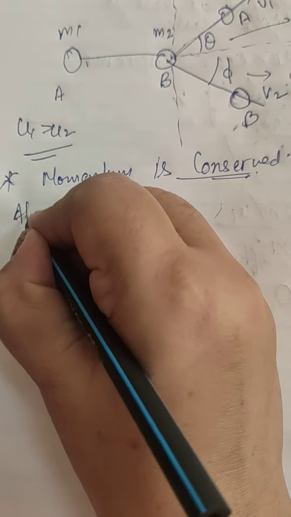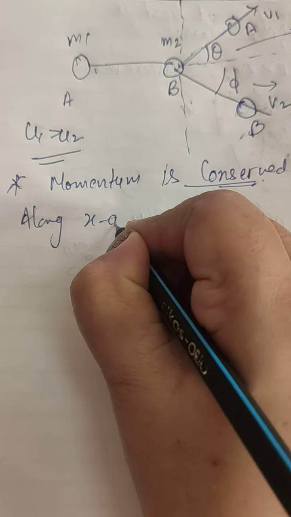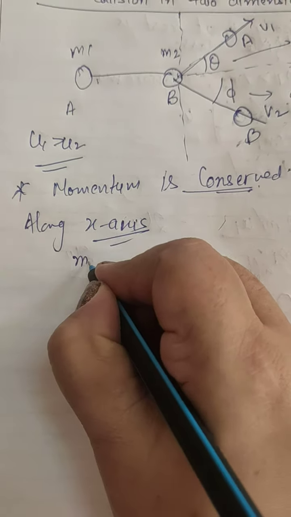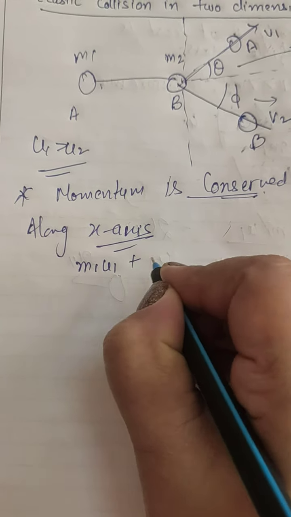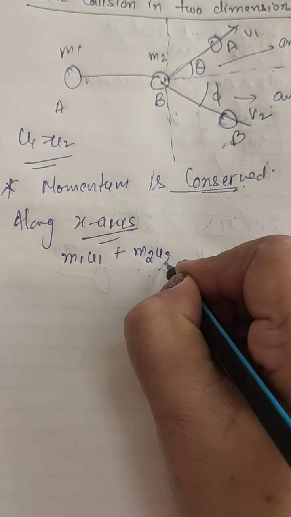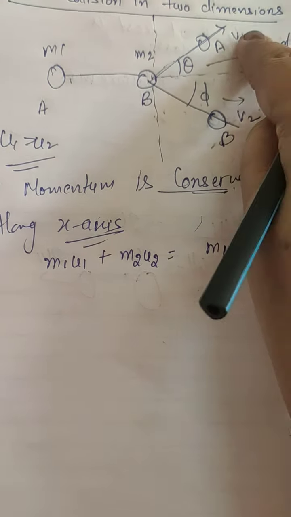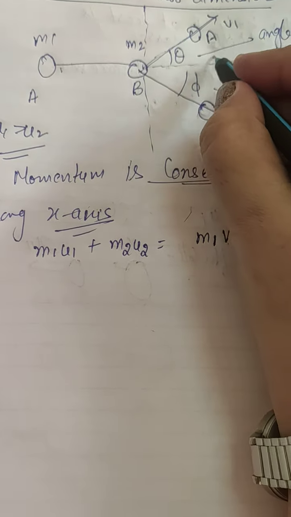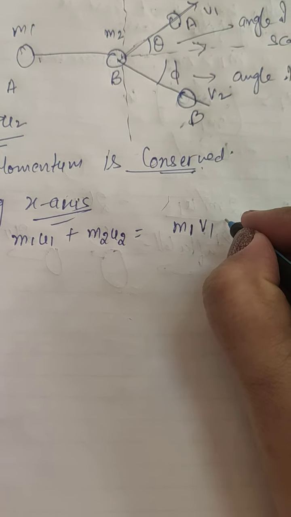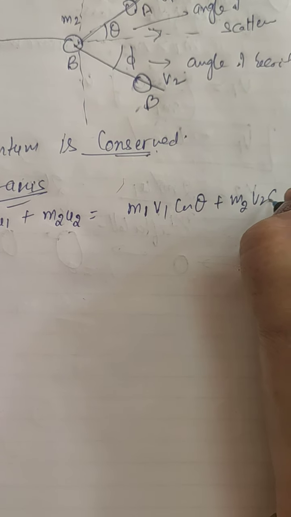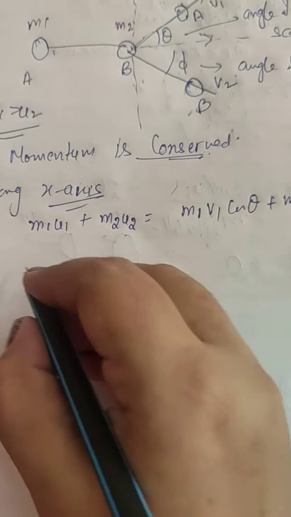So along the x-axis, conservation of momentum gives m1 u1 plus m2 u2 is equal to m1 v1 cos theta plus m2 v2 cos phi.